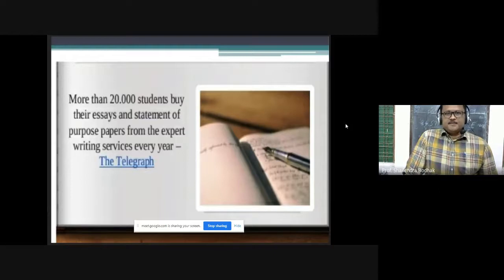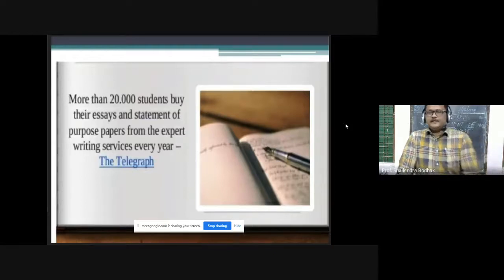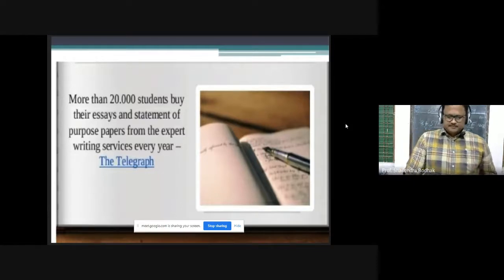They spend a lot of money and try to buy from the experts. But then there is a possibility that your SOP may be rejected, your admission may be cancelled, or you may not get admission in the college or university in India or abroad which you wish for.